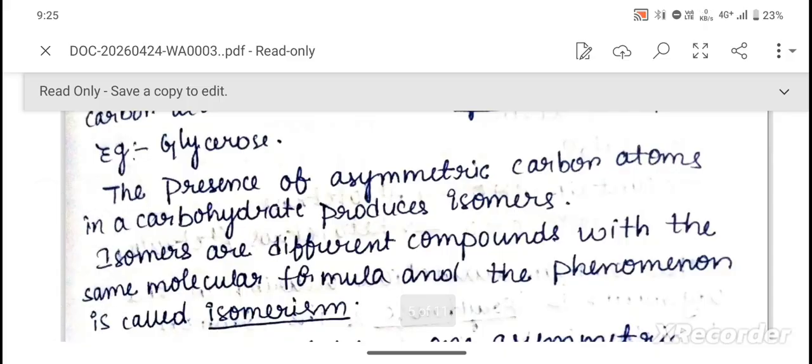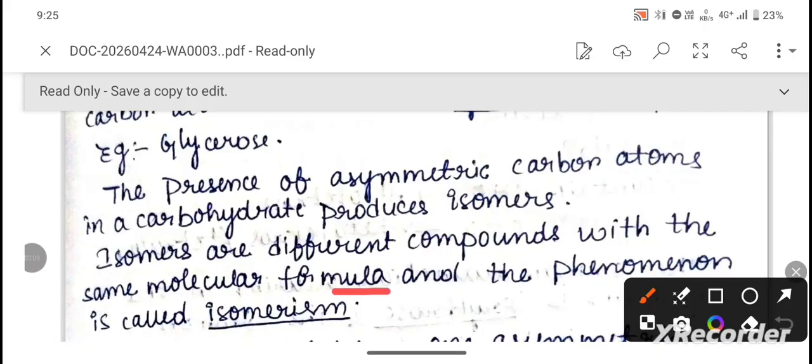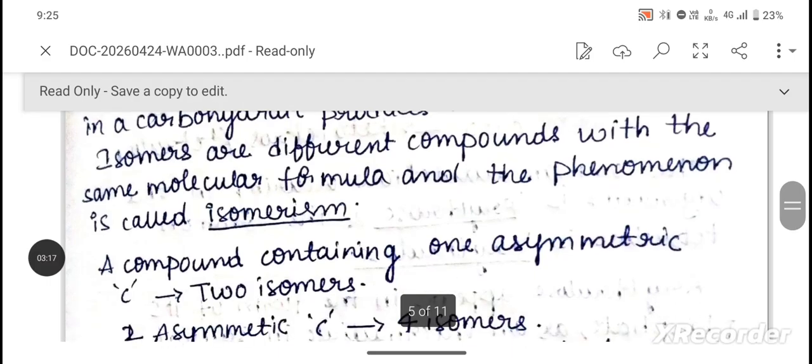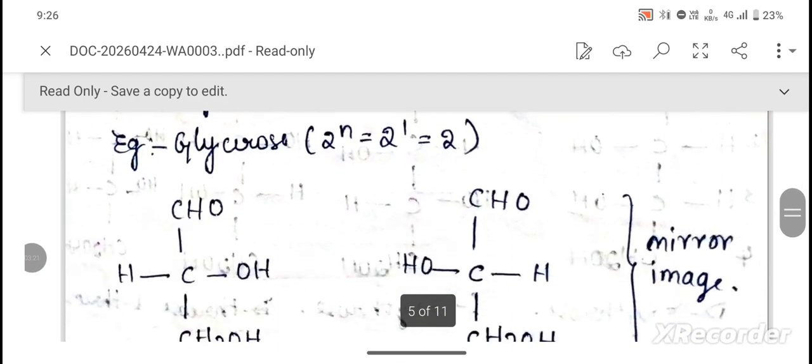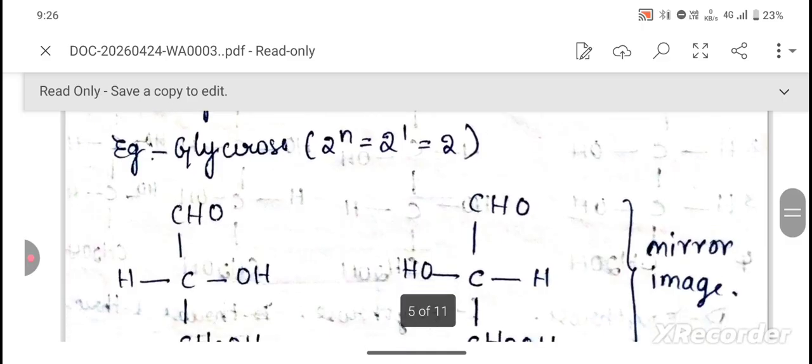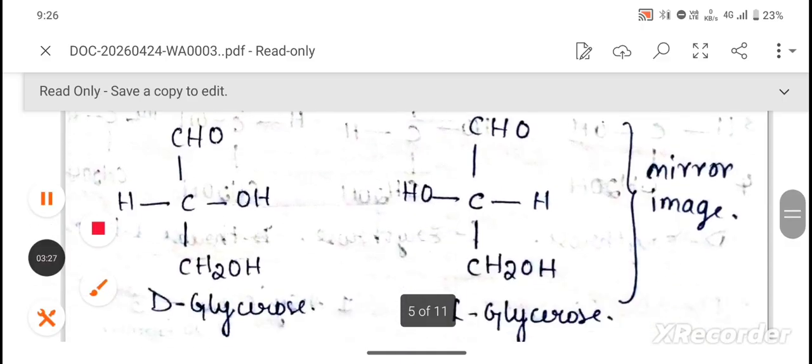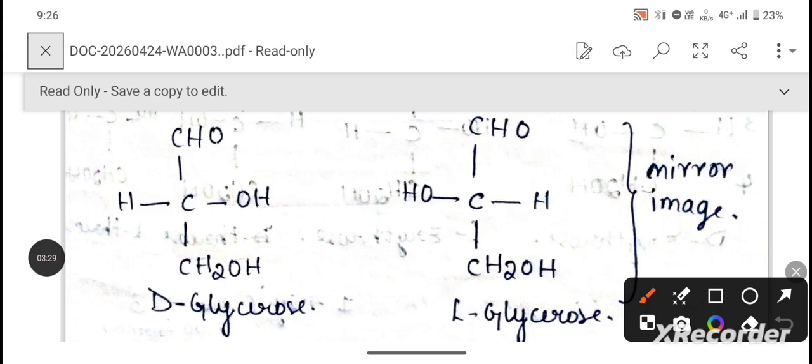Isomers are different compounds with the same molecular formula but a different arrangement. Glycerose consists of one asymmetric carbon atom, and due to its presence it can form isomers. The number of isomers a compound forms depends upon the number of asymmetric carbon atoms.